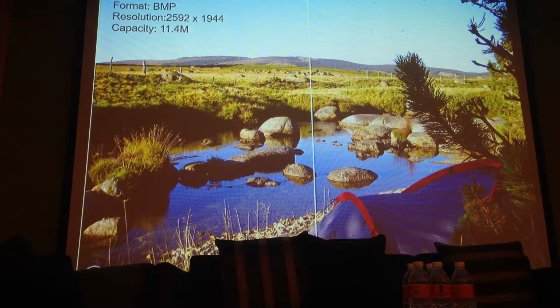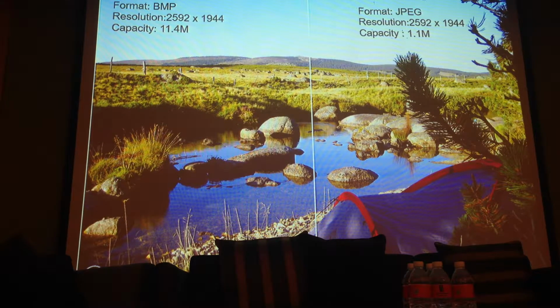On the left is the image in BMP format. The resolution is more than 5 megapixels, and the size of the file is more than 11 megabytes. And on the right, it's in JPEG format, the same resolution, identical image quality, and the size is only 1 megabyte.